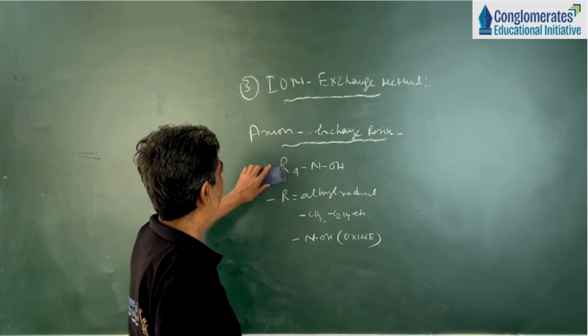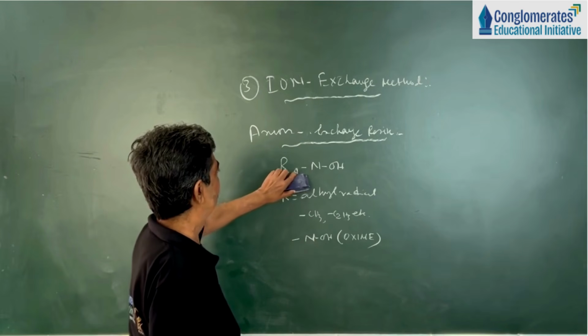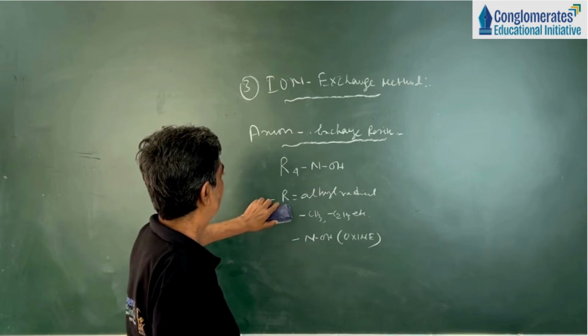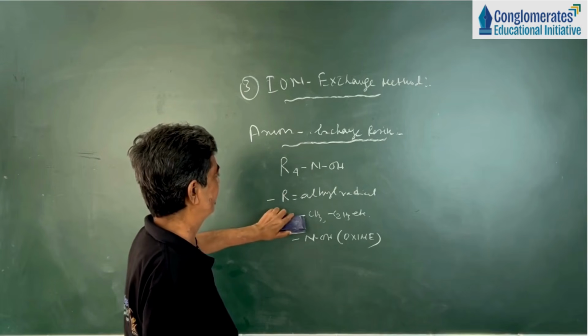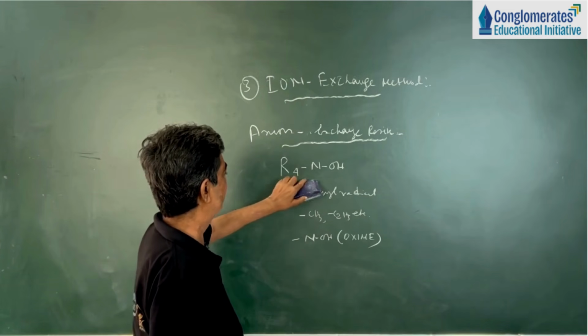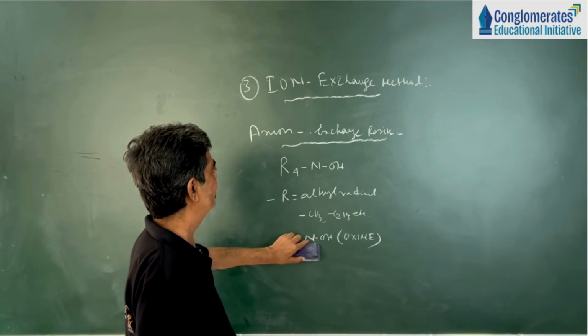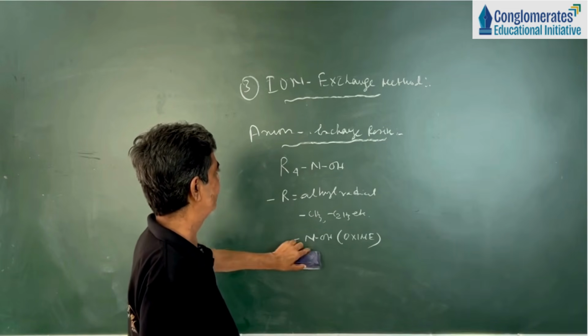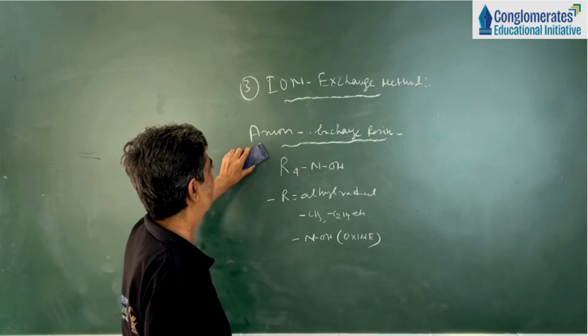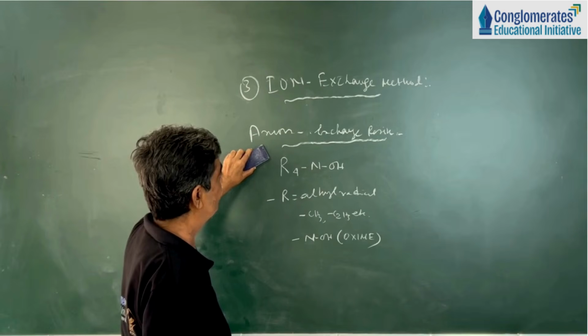Anion exchange resin can be represented by the formula R4NOH, where there are 4 R, and each R is called an alkyl radical or alkyl group, and NOH is another functional group called oxime. Now, by applying anion exchange resin, we can remove soluble anion from the hard water.